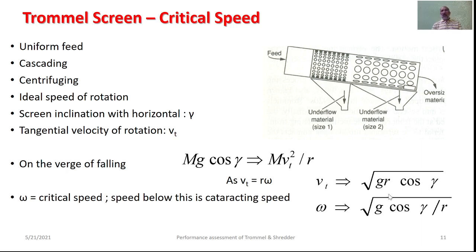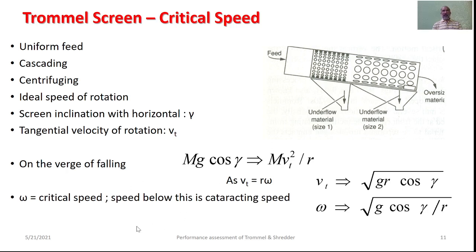Hence, as we solve for Vt, we get the expression root of g r cos gamma, whereas the angular speed can be determined as root of g cos gamma by r. Here, this speed is termed the critical speed.